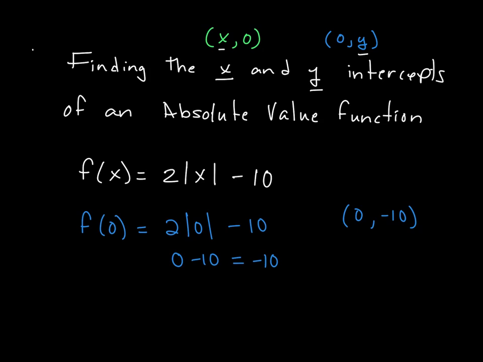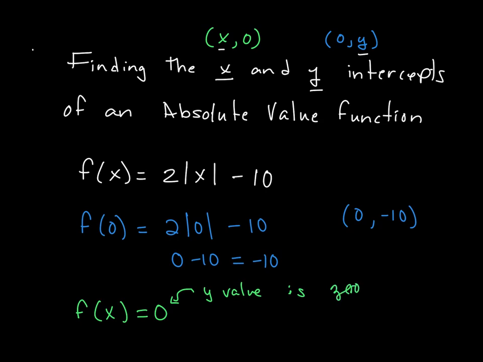Now for the next one, I want to find the x values. This one requires a little bit more steps, because what I'm saying here is I want to find f of x when it is equal to 0, meaning when the y value is 0.